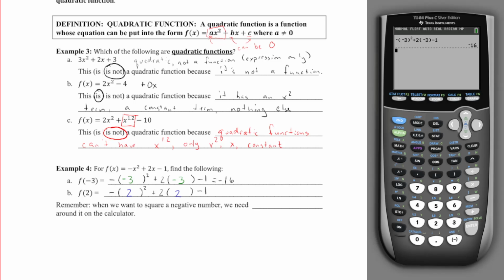So on the calculator again, negative 2 squared plus 2 times 2 minus 1 works out to negative 1.